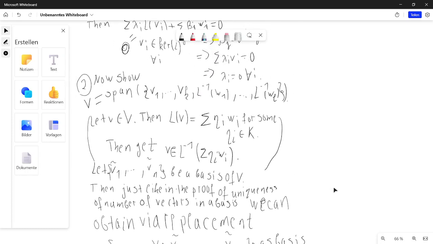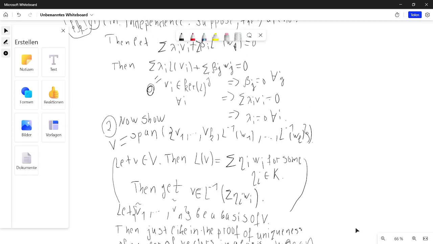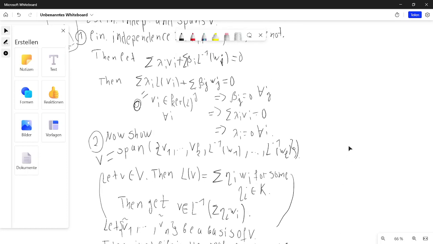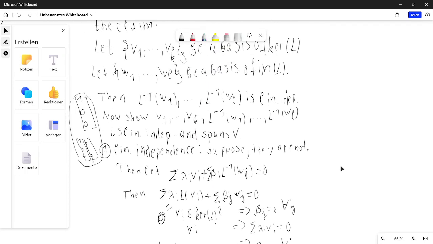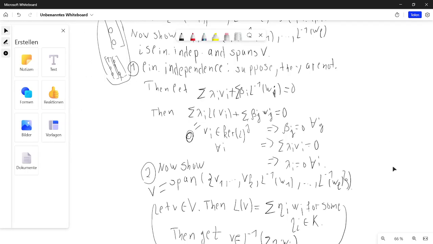But this is really nice because V1 to VK was the basis of the kernel.